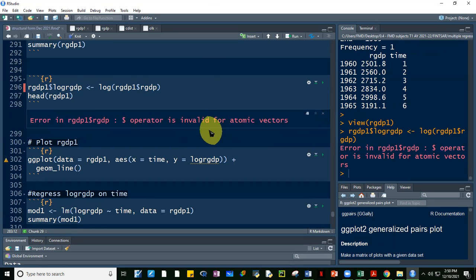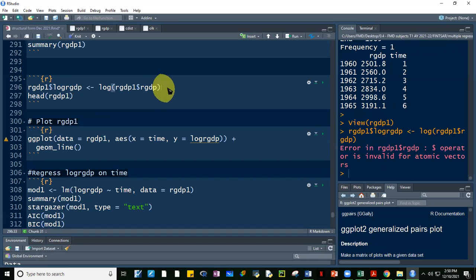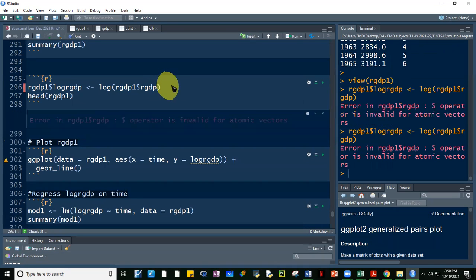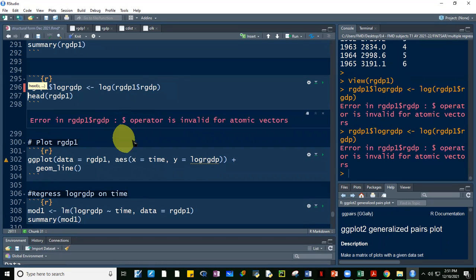Oops, wait. What happened? Log RGDP. RGDP1.